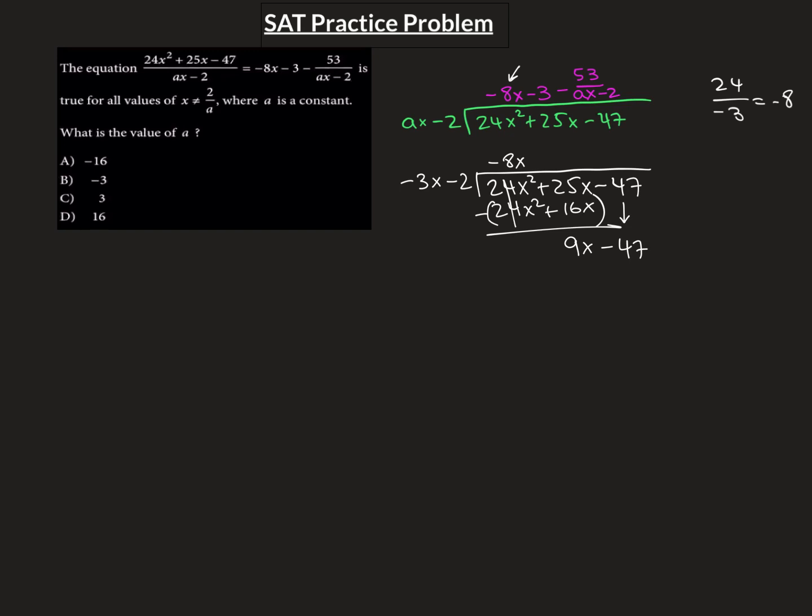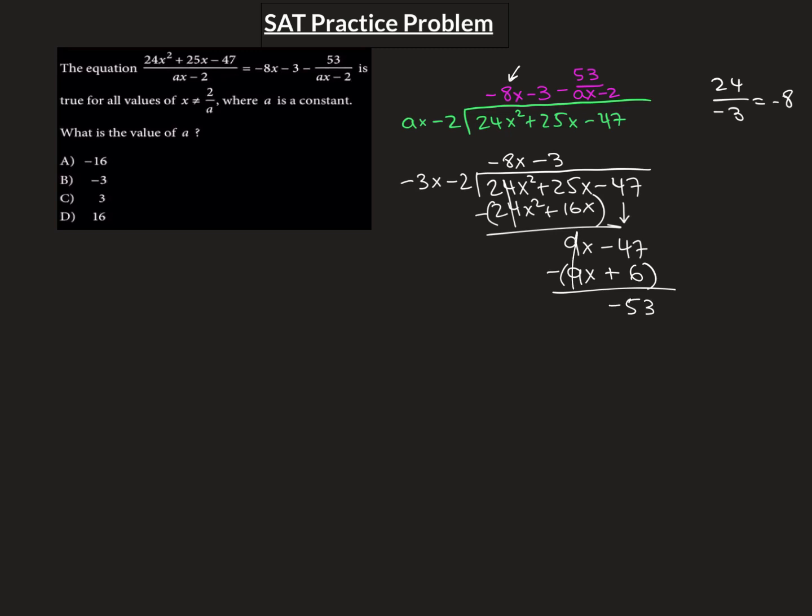And then we would just do −3. That would result in 9x, because −3 times −3 is equal to 9x, and then −3 times −2 would be +6. And then we always have that negative on the outside here. And then we would get −47 − 6, which would just be −53.